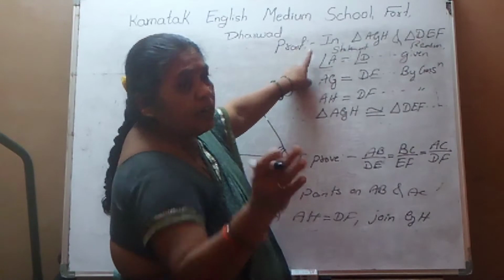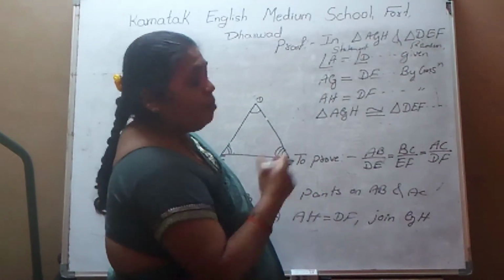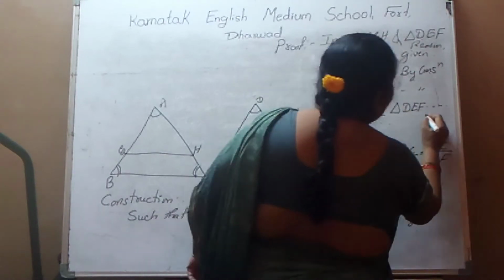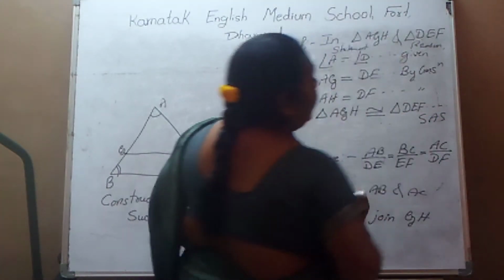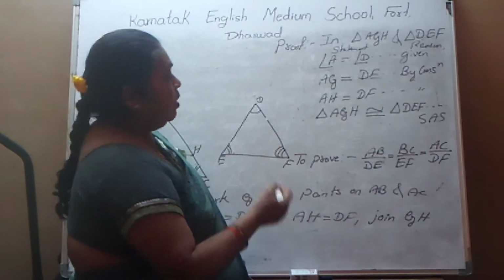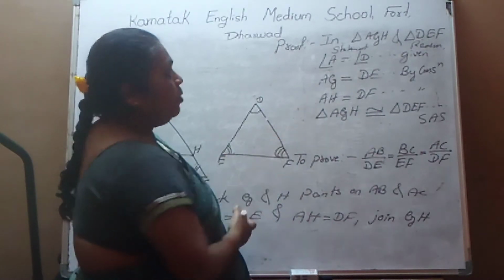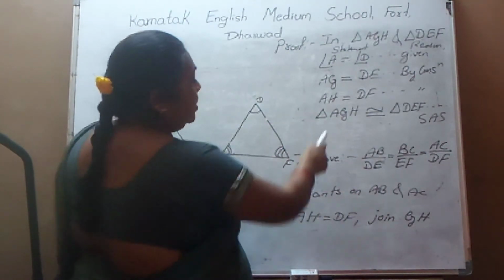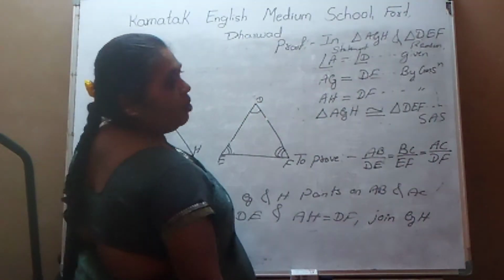In 9th standard, you already learned. From which postulate? SAS, side, angle, side. By the SAS postulate, these two triangles are congruent.